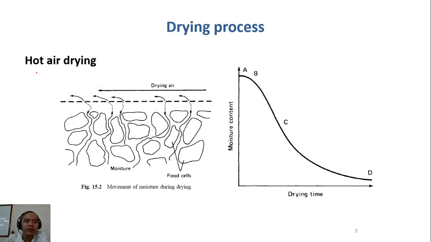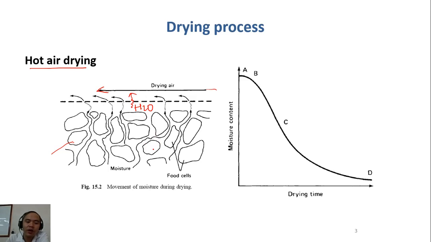Okay, we just review a little bit of the theory. This is an illustration of the textures of the food. When we use air to dry, we move the air along the surface of the food, and the water on the surface will evaporate first.